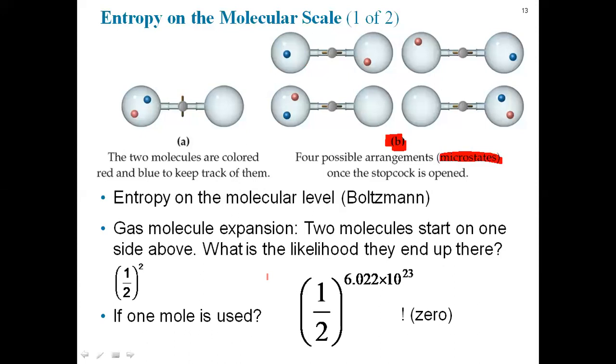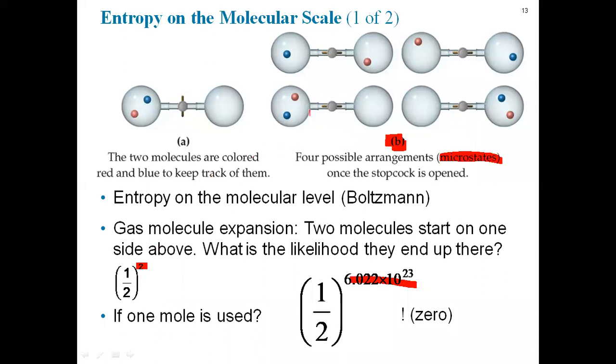Then, if you increase the number of molecules, let's say you have 1 mole of molecules, that is the Avogadro number. If you only have 2, there's still some chance.